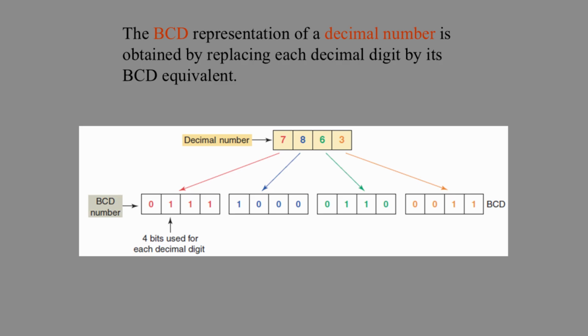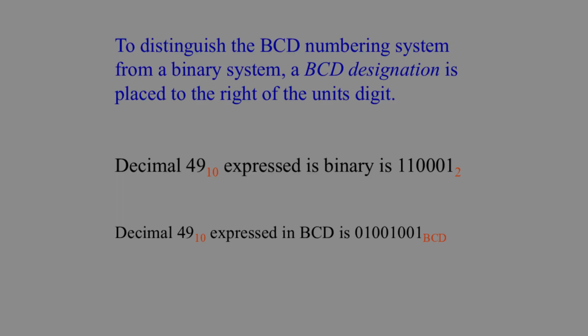This makes BCD particularly useful for digital displays, counters, and timers, where numbers must be displayed in decimal form for humans to easily understand. It's also important to distinguish BCD from pure binary. For example, the decimal number 49 in binary is 110001 (base 2), but if we write it in BCD, the 4 becomes 0100 and the 9 becomes 1001, giving 0100 1001 BCD.